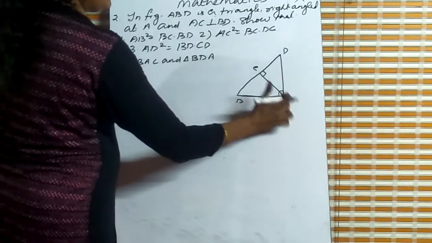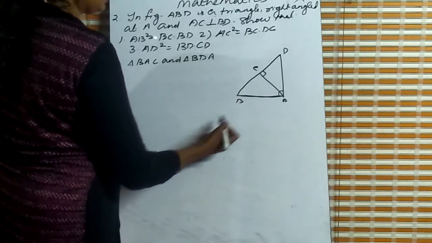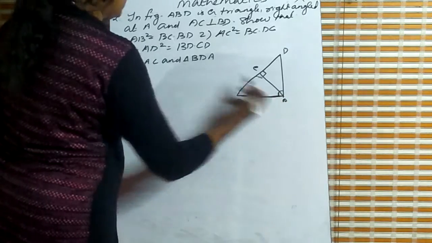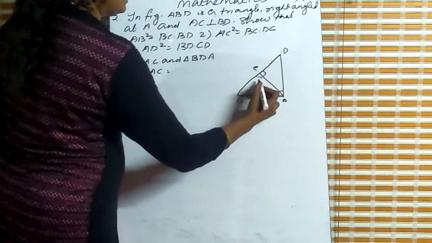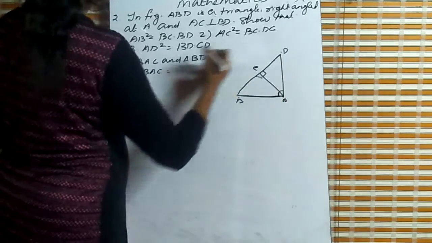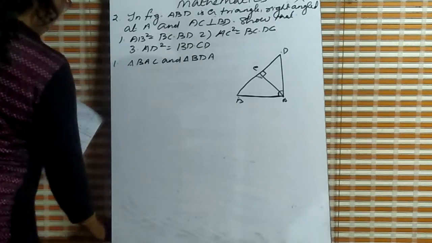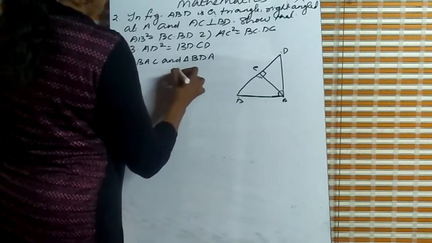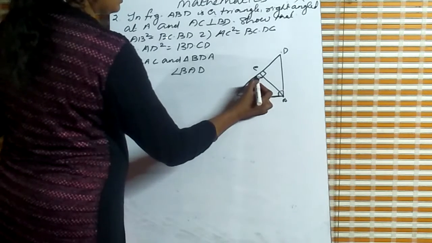Consider triangle BAC and BDA. Then which are the equals? In triangle BDA, angle BAD, and for BAC, angle ACB.